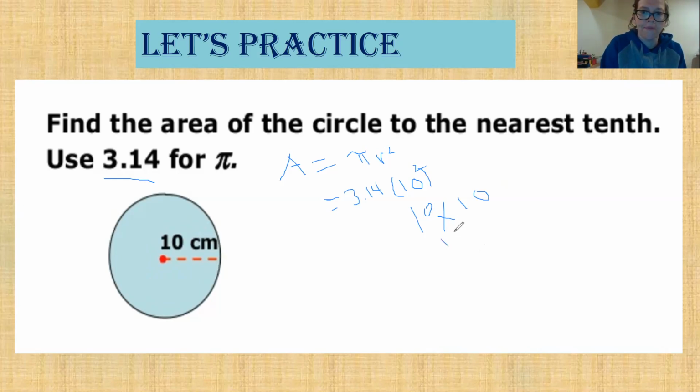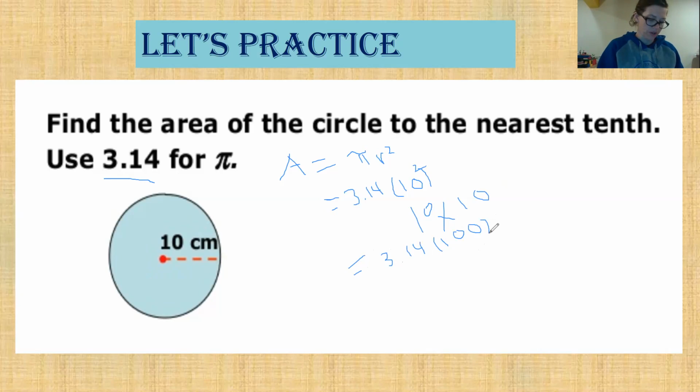100, right? So 100, and then you're going to be multiplying that times 3.14. All right, so go ahead and use your calculator to calculate that.